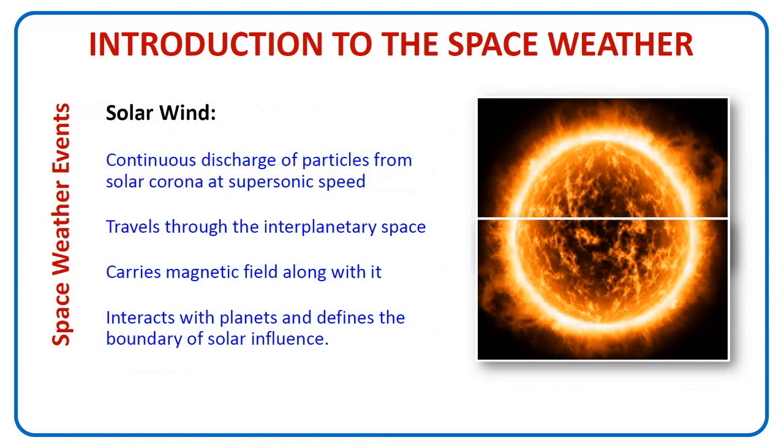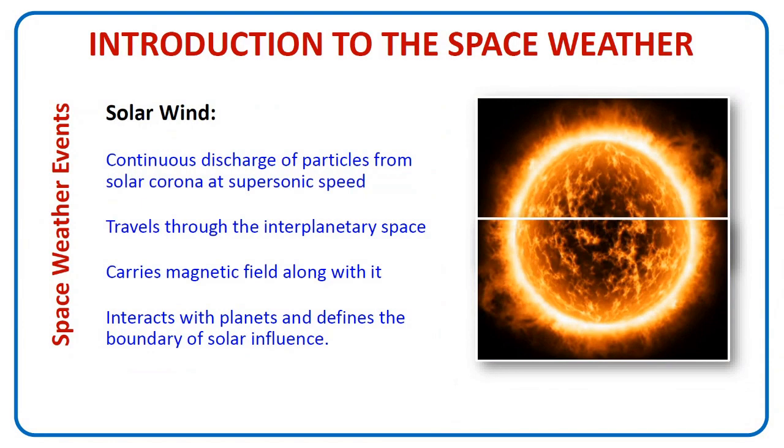Now let me tell you, at the edge of the Earth, that means where the magnetopause is, what is the solar wind velocity and solar wind particle density? These are the parameters through which the solar wind is defined.